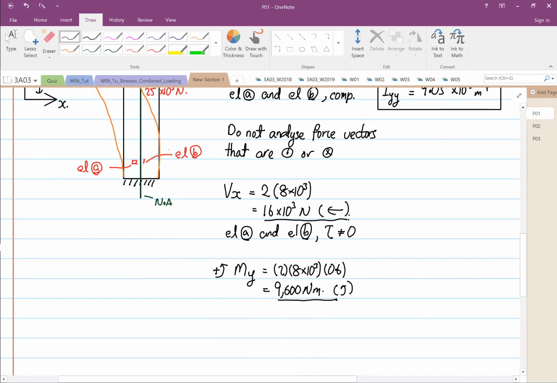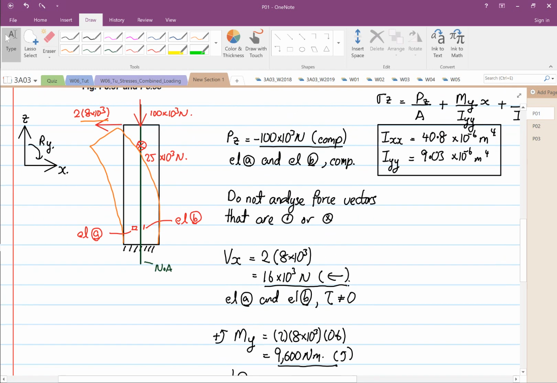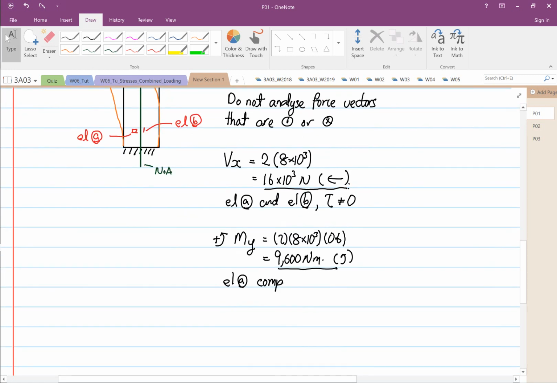And we know from here, element A will be under compression, because it's rotating this way and element A is on the left-hand side of the neutral axis. If we construct the moment about Y, it's going to do this way. So A is compression, at the head of the arrow.